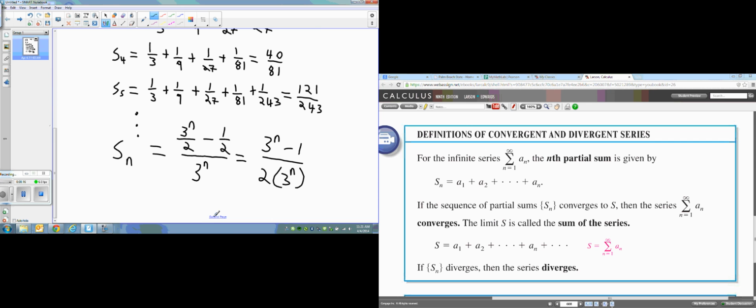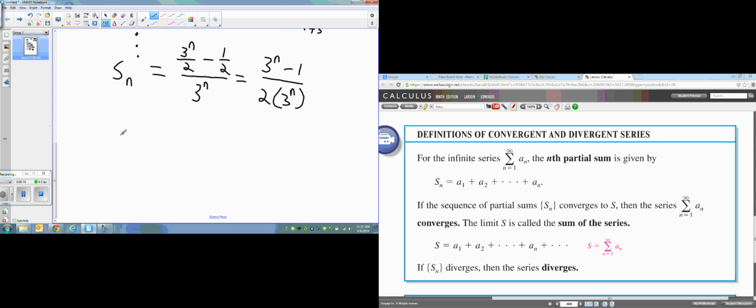So the sequence of partial sums, Sn, seems to be this sequence: 3 to the n minus 1 over 2 times 3 to the n. This seems to be a description of the sequence of partial sums.